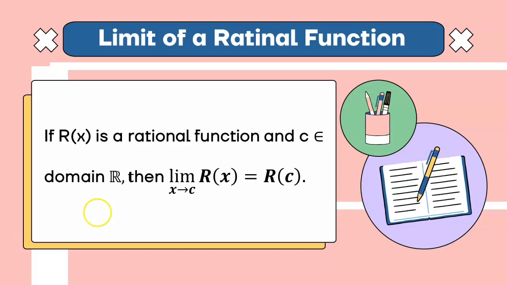So that's the time wherein we can say that c is not part of the domain, so we cannot do direct substitution. But if after we substitute the denominator is not equal to 0, then we can proceed with direct substitution, because that means c is part of the domain.